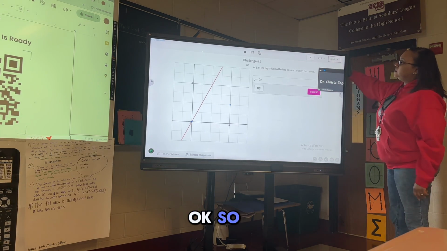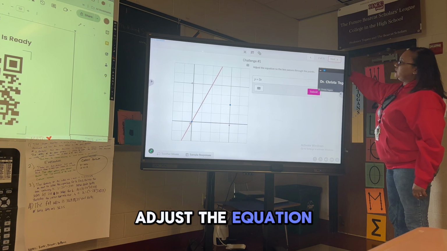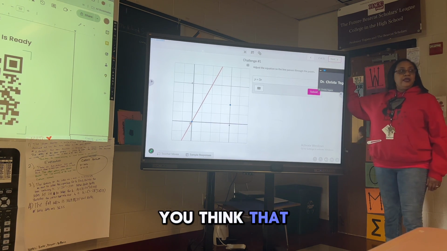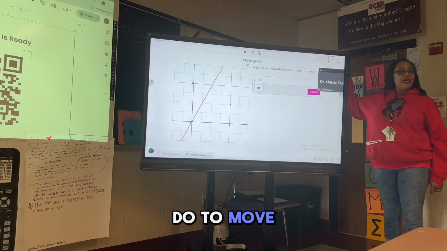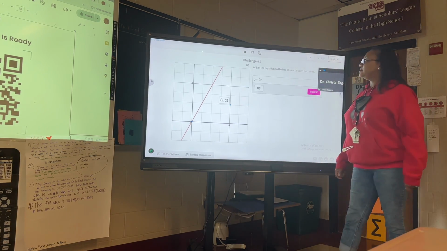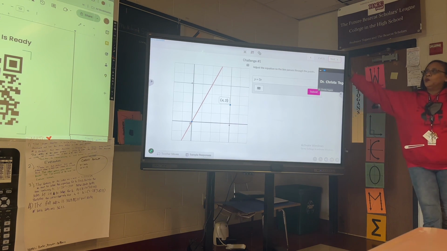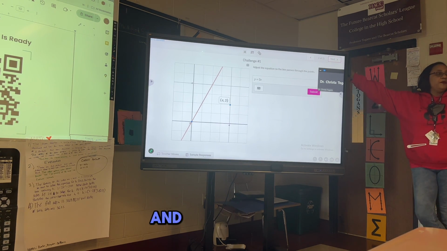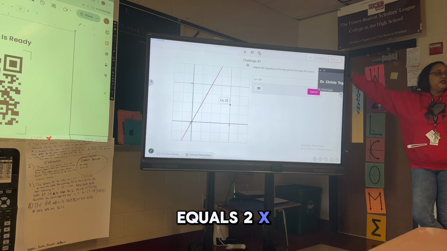Okay, so it says adjust the equation so that the line passes through the points. So what do you think I need to do to move that line to go through this point right here? What do you think I need to do to the equation? And please write this down, y equals 2x, and then try to draw a little line. You don't have to make it really big.